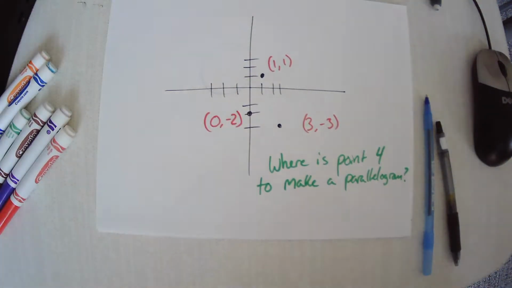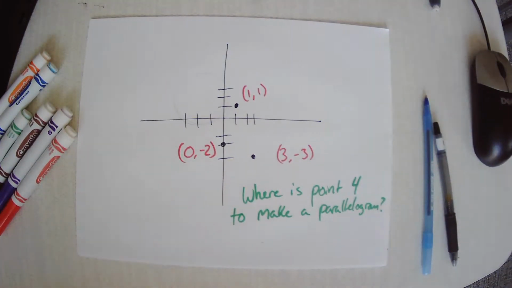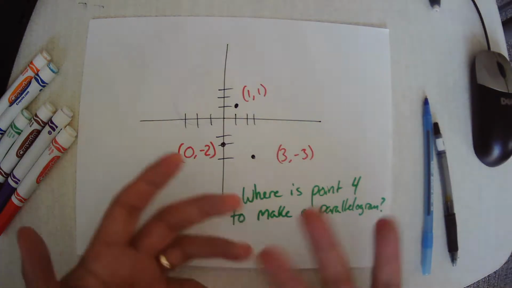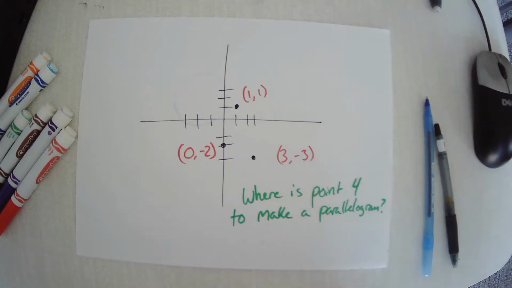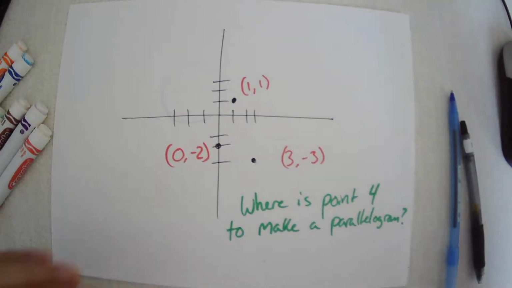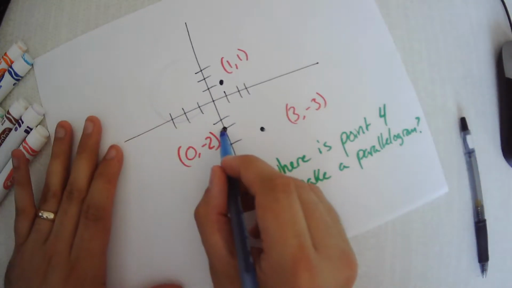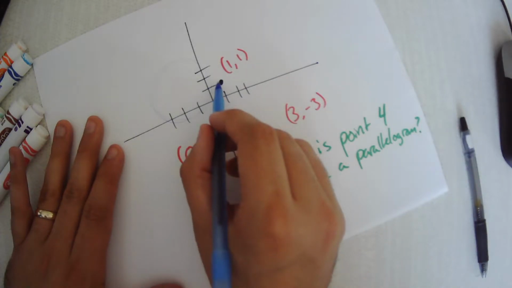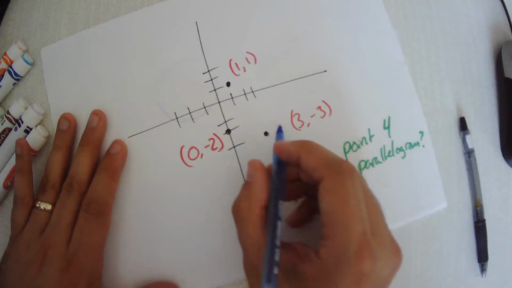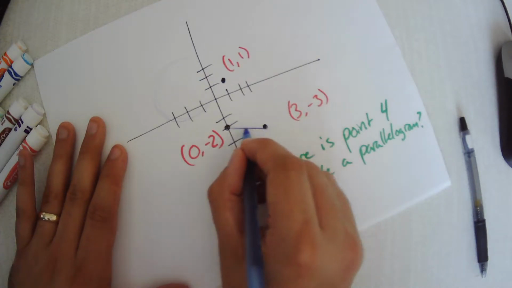Well, the main thing about a parallelogram is that opposite sides are parallel. We can use the pieces we have to construct something to find our missing piece. Opposite sides are parallel. One way to do this is to say, how I went from here to here is the same to go from here to here. So how did I go from here to here?